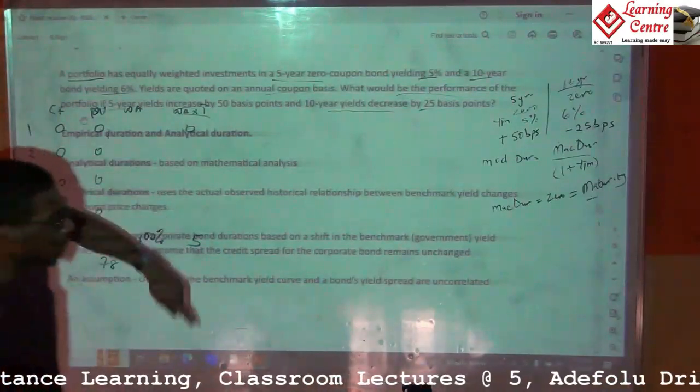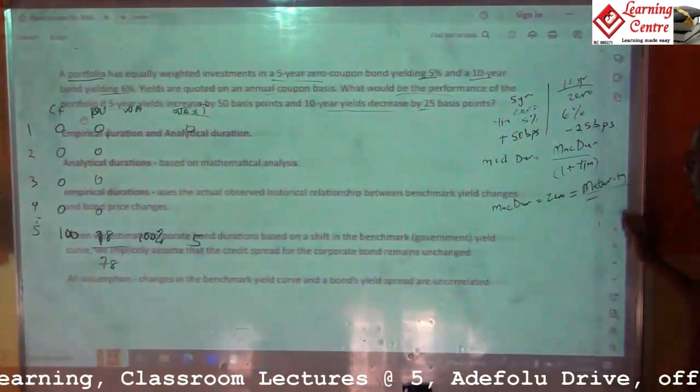So the Macaulay duration of a zero coupon bond is the same as its maturity.